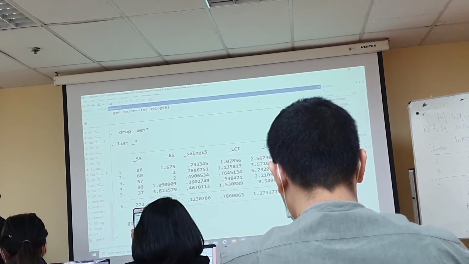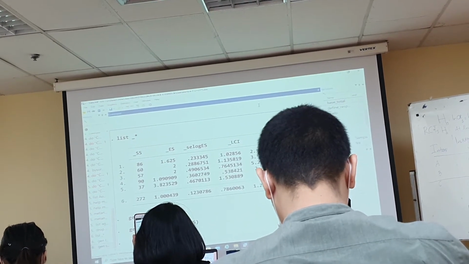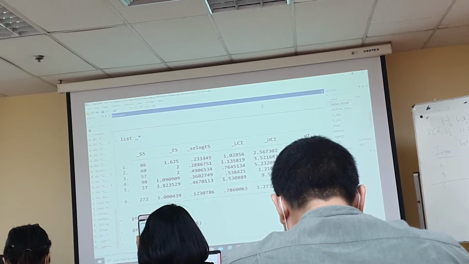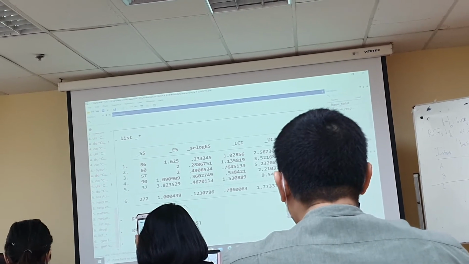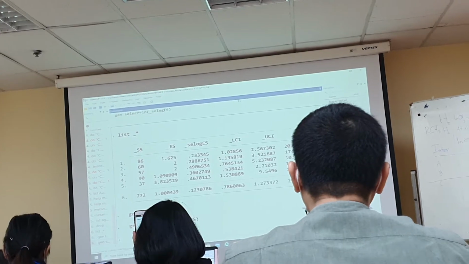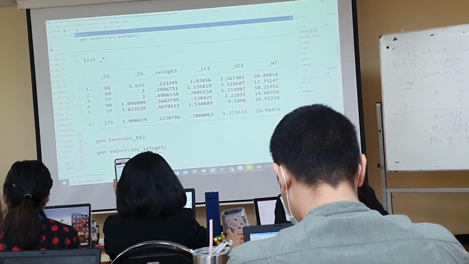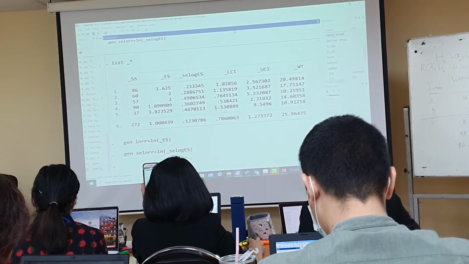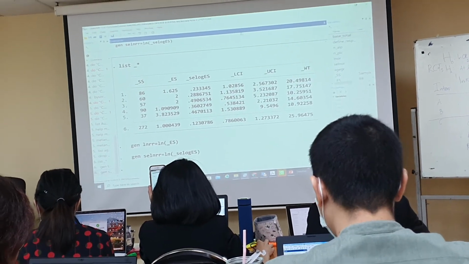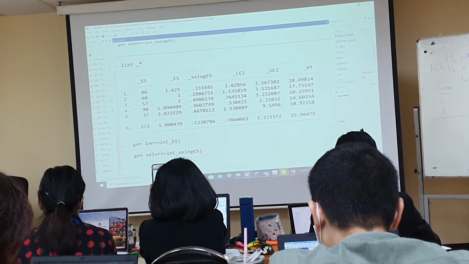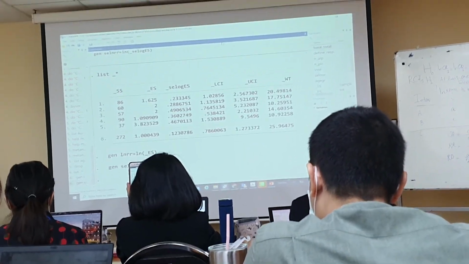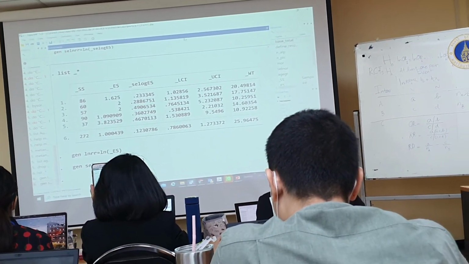And then enter. So we got two variables right now. You can list. We generate log risk ratio and the standard error of log risk ratio.